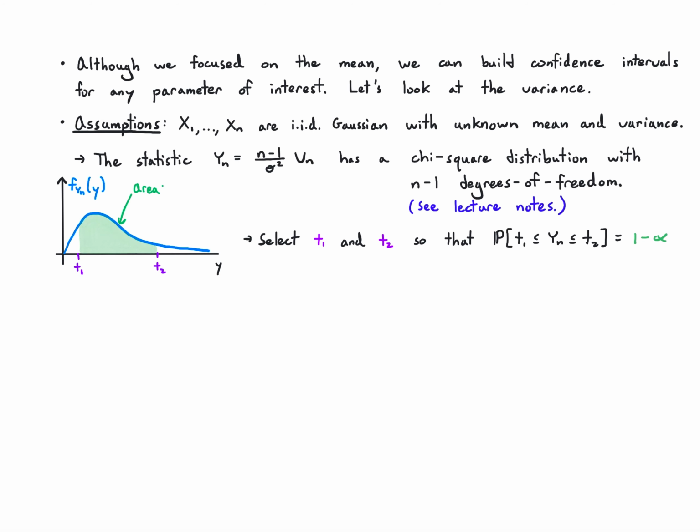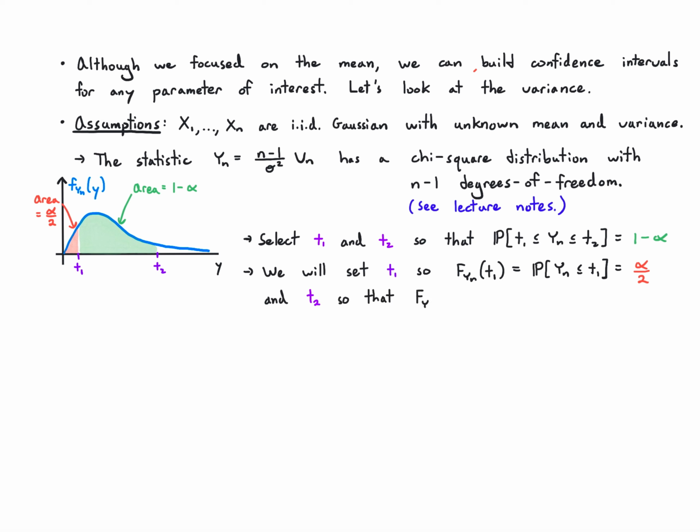So I want this area to be 1 minus alpha, so I can have my confidence level. The way that we're going to do this here is I'm going to set T1, the left point, so that the CDF of Yn at T1 is alpha over 2. So the left side of this is only alpha over 2. That's just my choice. That's how I'm doing it. And I'm going to set T2 such that the CDF is equal to 1 minus alpha over 2.